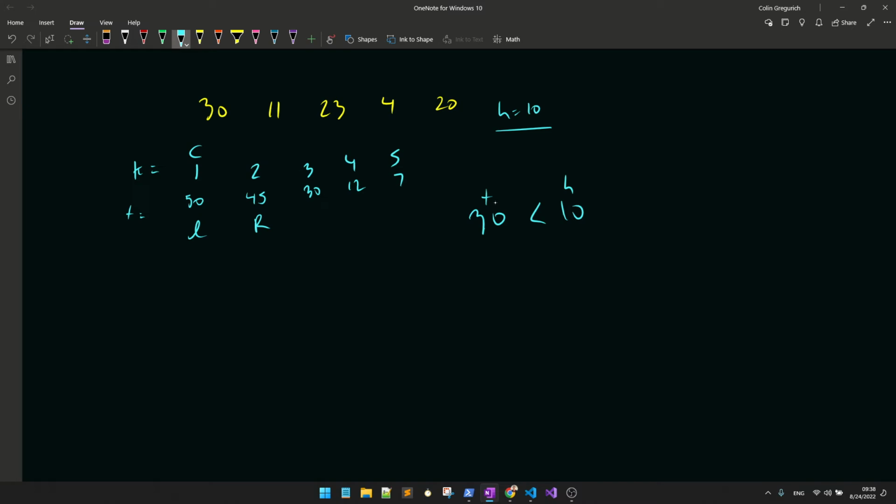See, the key here is we actually need to keep track because of this problem we just ran into. We were here, and now we moved right over here. So now we're pretty much ignoring the rest of this. We are always going to be working with this subarray. And as you can see, the total values will always be greater than h, which means there is no possible solution on this part of the array.